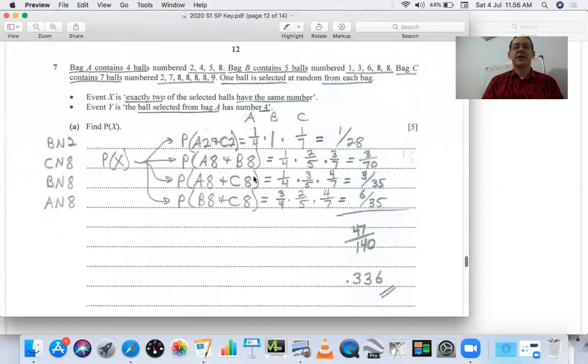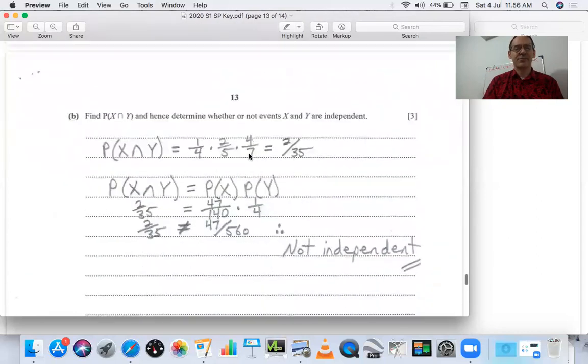So the 8s are 2 8s from bag B and 4 8s from bag C. So you have a 2 out of 5 for B being an 8 and 4 out of 7 for C being an 8, and the 1/4 for A being a 4 to satisfy the Y. So both these have to be satisfied. That gives us 2/35. This is the intersection, 2/35.